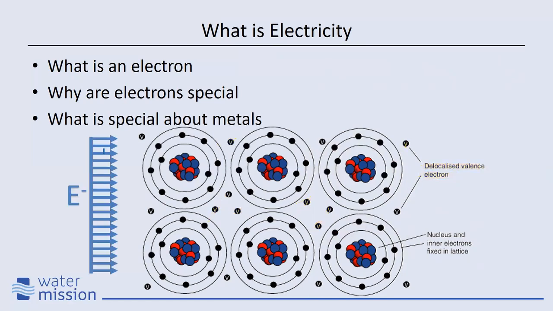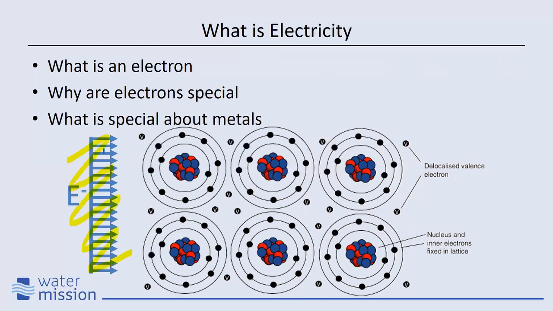Now, if we were to apply an electrical pressure over here to these electrons, examples of applying an electrical pressure could be a solar panel, an alternator from a generator, a battery, or connecting to the national power grid. That creates pressure on these electrons.